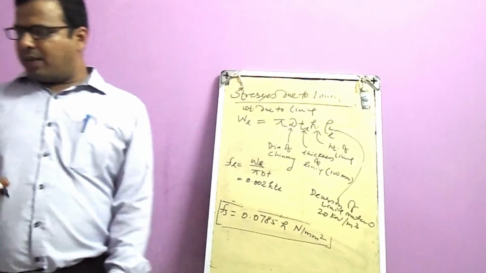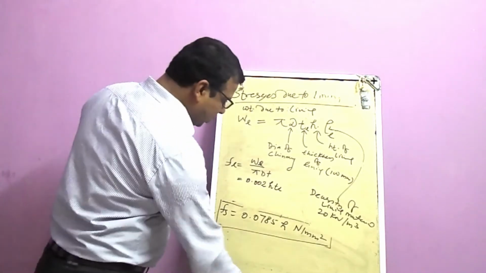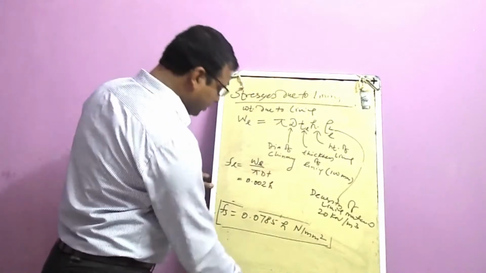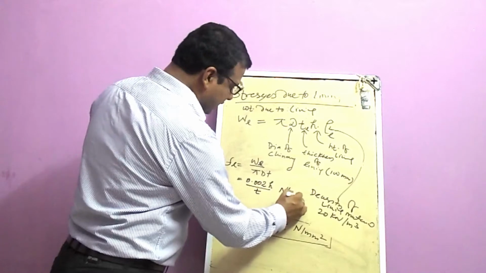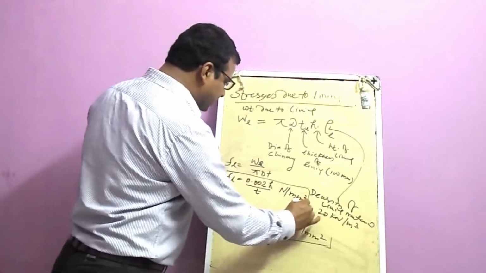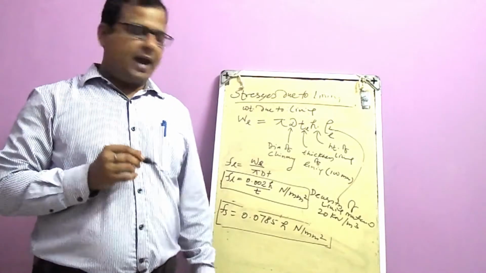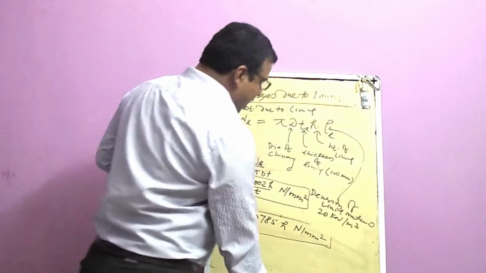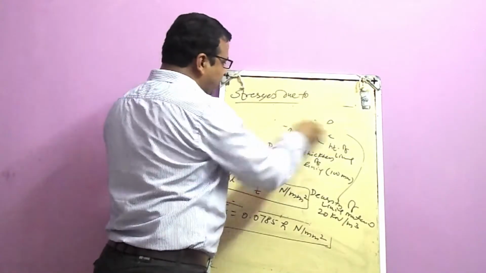So this will become our formula, 0.0 H upon t in Newton per mm square. So this is the stresses due to the weight of lining. Now it comes to our next, that is the stresses due to the wind forces.